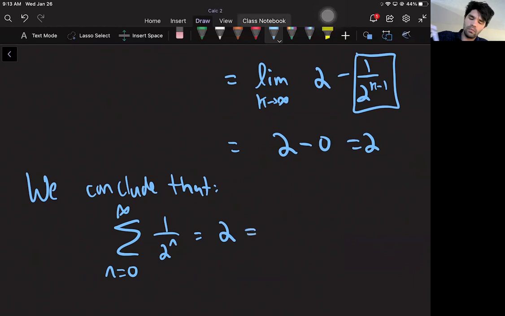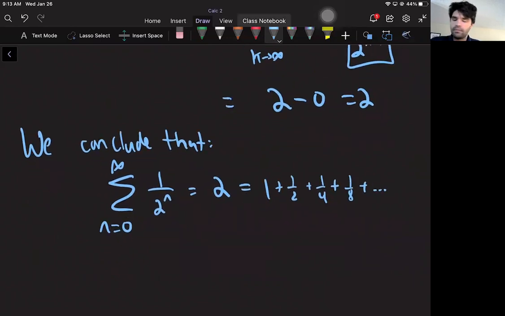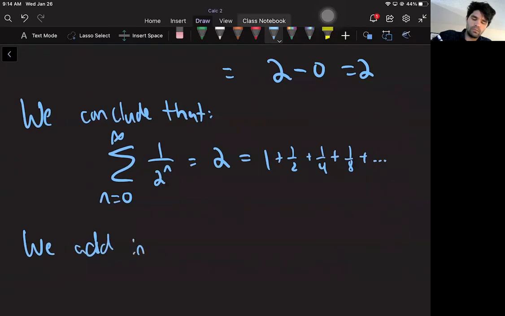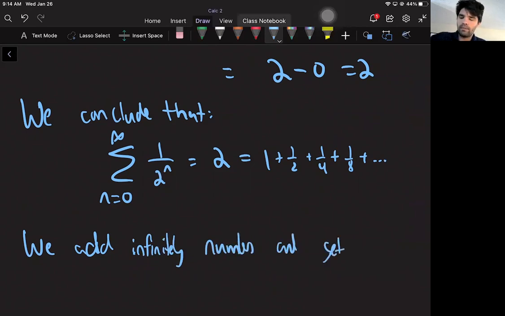Or in other words, 1 plus a half plus a fourth plus an eighth plus, and then so on in the same pattern, should just end up being 2. Okay, so then the cool part is we added infinitely many numbers. And we get a finite answer.